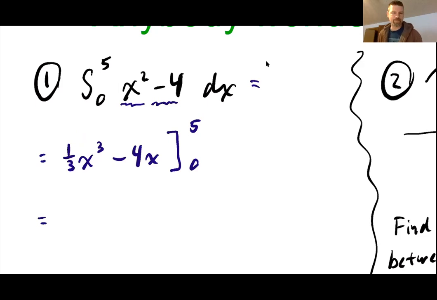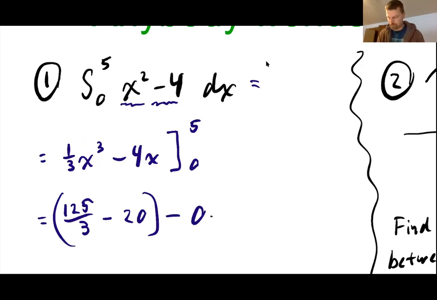Plugging in a 5 would be 1/3 times 5 cubed. 5 cubed is 125, so that'd be 125 thirds. Minus plugging a 5 into the 4x, that'd be 4 times 5 is 20. And plugging in a 0 for both of those would be easy. That'd just be 0 minus 0, right? That's just going to be 0.